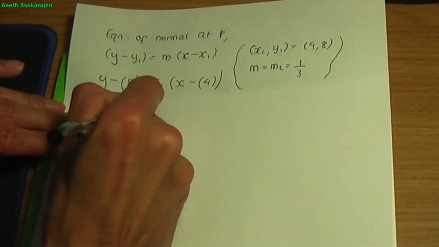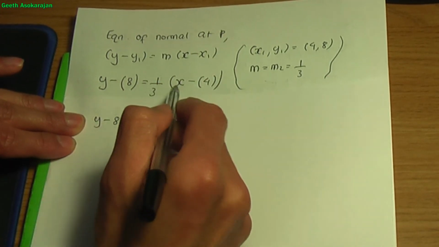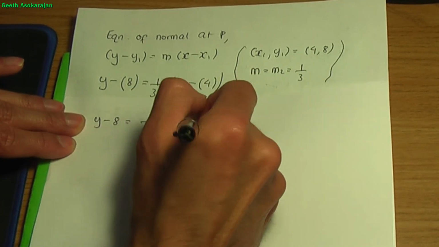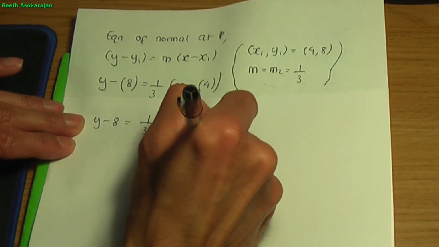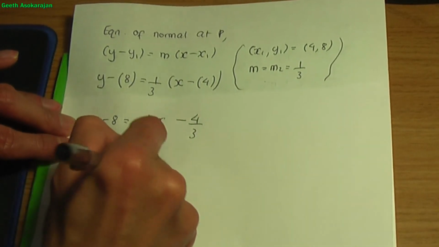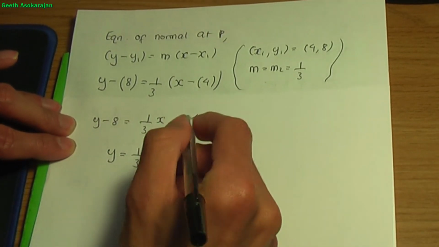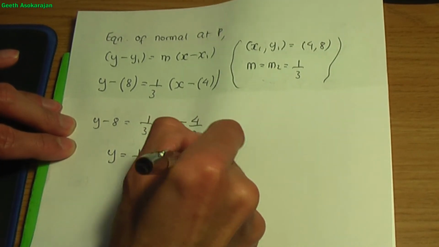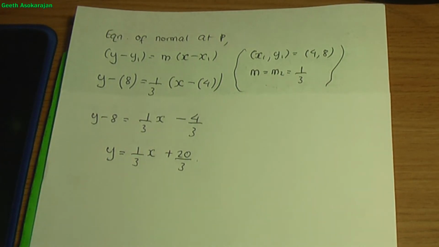So we have y minus 8 is a third x, so a third times x is a third x, minus a third times 4 is minus 4 over 3. And if I take the minus 8 to the right, y will then be a third x minus 4 over 3 plus 8, which is plus 20 over 3. So that will be the equation of the normal.